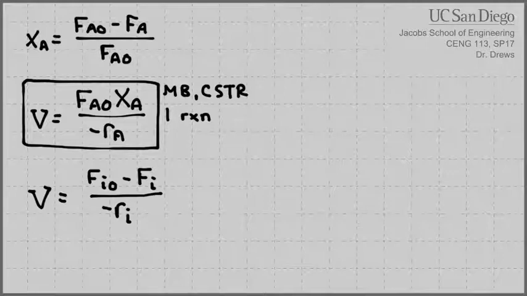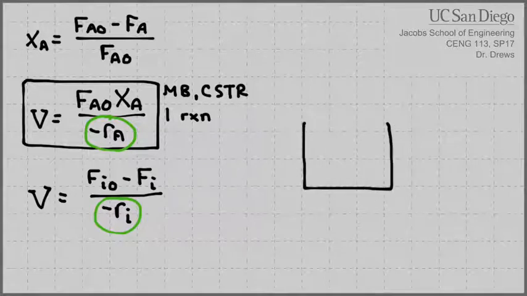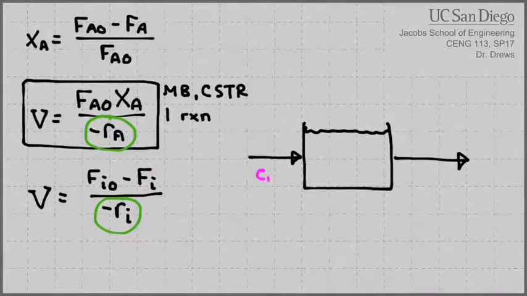That's it, with the exception of how do we figure out what this term is? What is R sub I, or more generally, what is R sub A? The reason it can be a little bit tricky to figure that out is because we have a tank. It's filled up with liquid. Presumably the concentration of CA over here at the inlet is larger than the concentration of CA at the outlet.